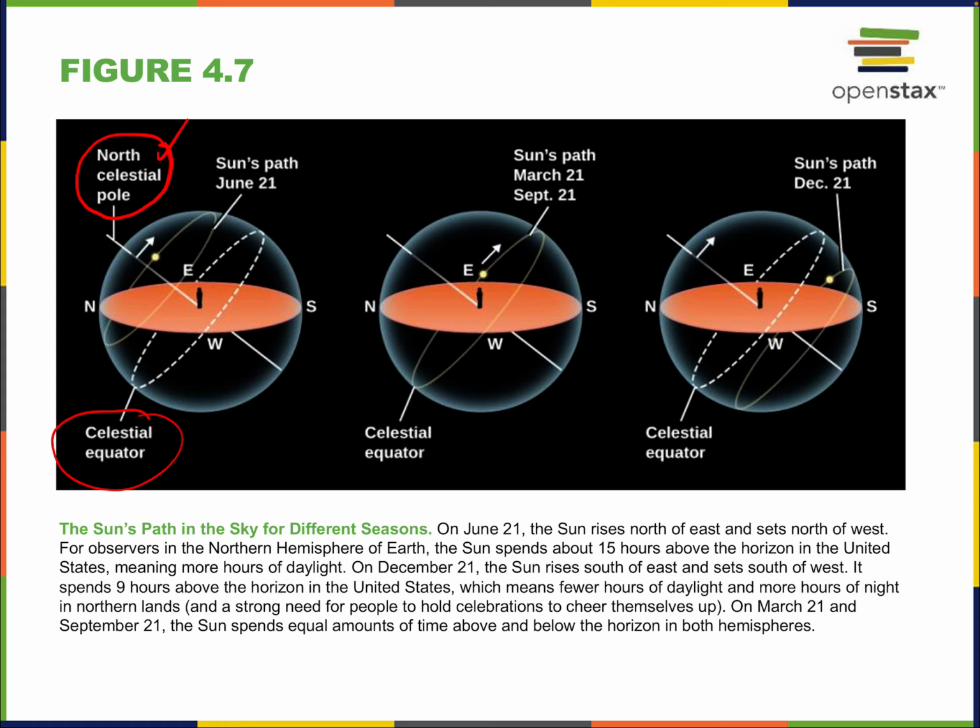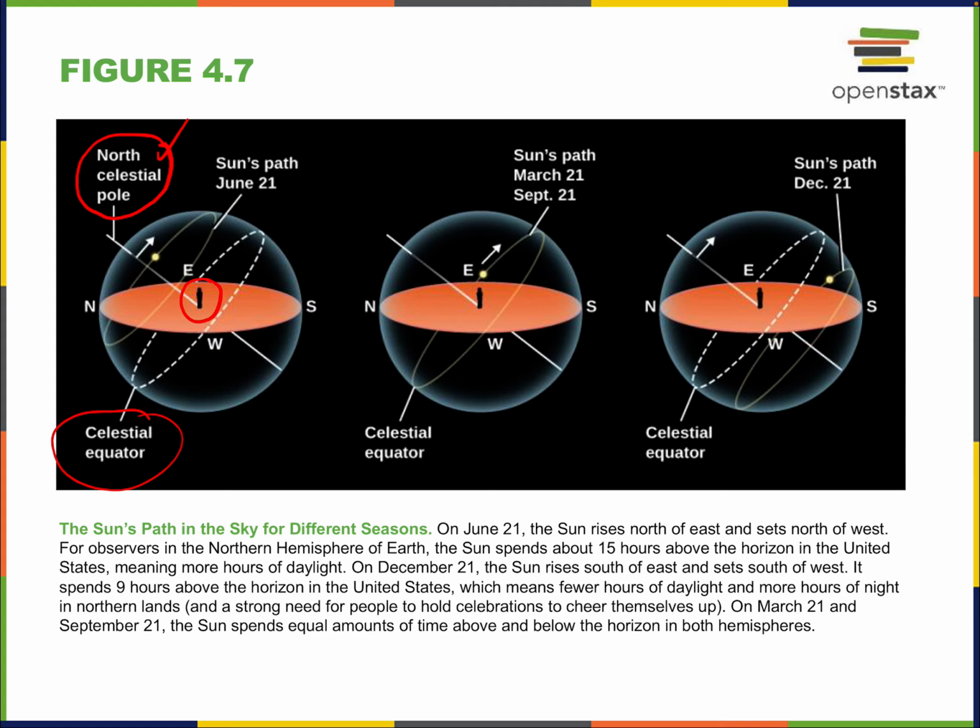Now, when we think about some location on Earth, we can think about where the North Celestial Pole is. Well, if this person, this little stick figure here, was standing at either the North Pole or the South Pole, well, specifically the North Pole, then the North Celestial Sphere would be directly overhead. In other words, it would be at that person's zenith, the point in their local sky that's directly overhead.